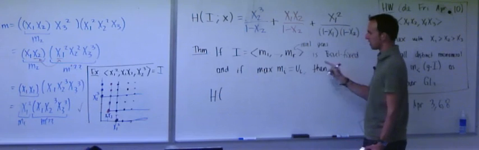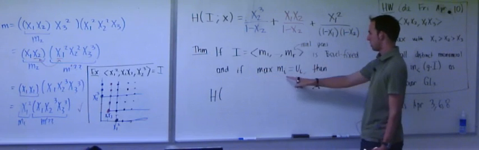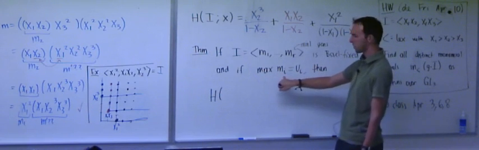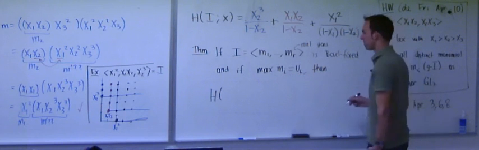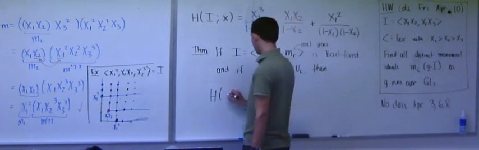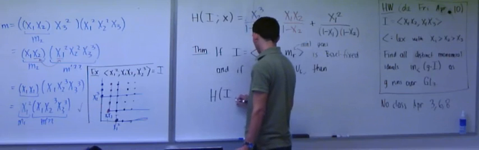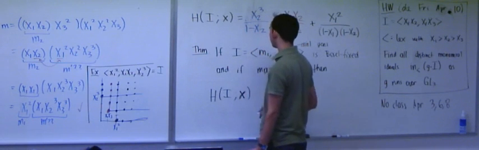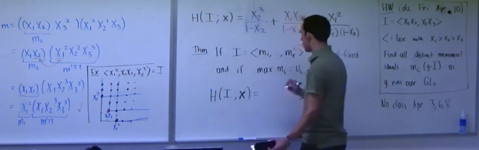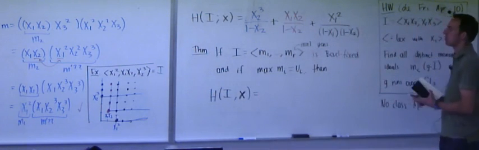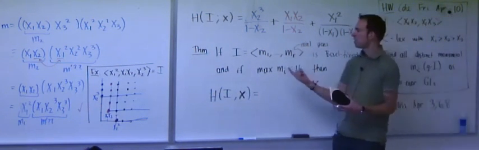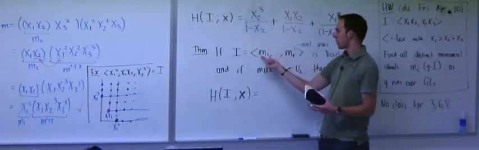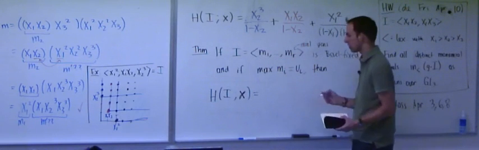So if this guy is Borel-fixed, and if the maximum variable occurring in Mi is Ui, then the Hilbert series of my ideal is given by, again, the idea is the same, that you're going to have one term for each one of the Mi's. Okay.